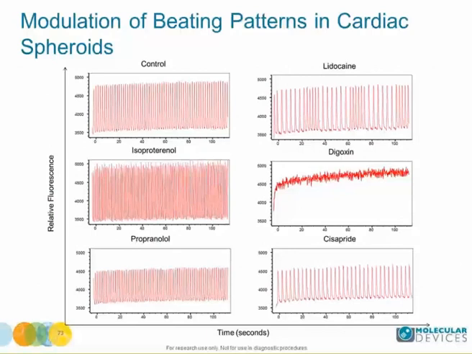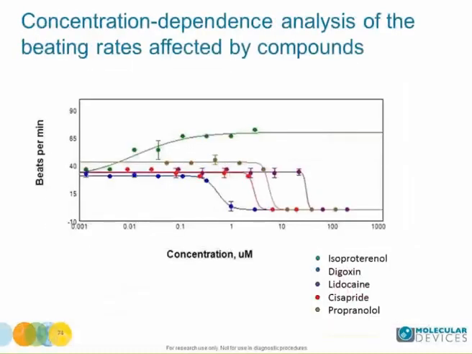The pattern can be analyzed by software. Different parameters could be used to measure concentration dependencies and define IC50s for different compounds. In this picture, you can see those dependencies for beating rate for several benchmark compounds.